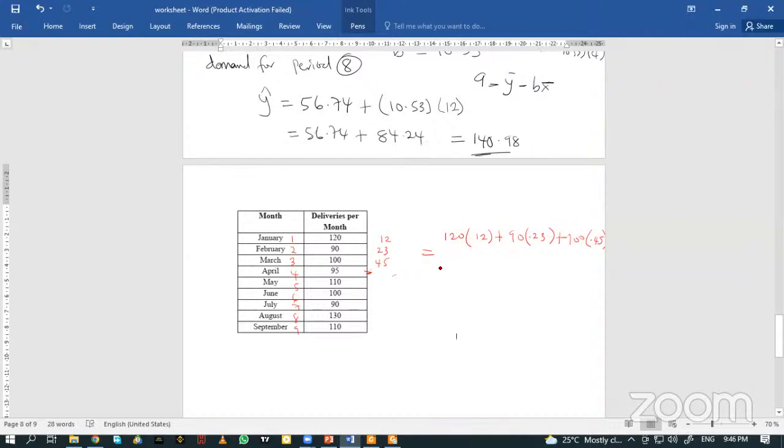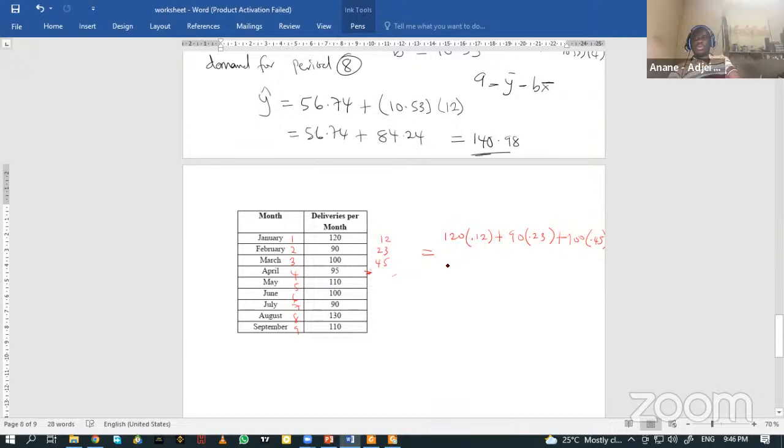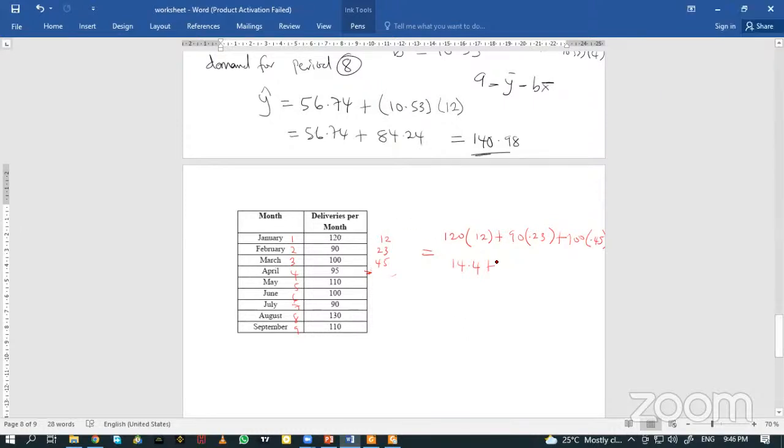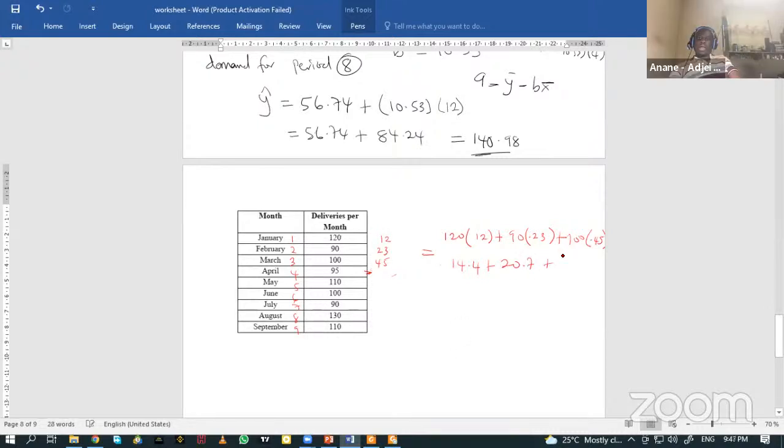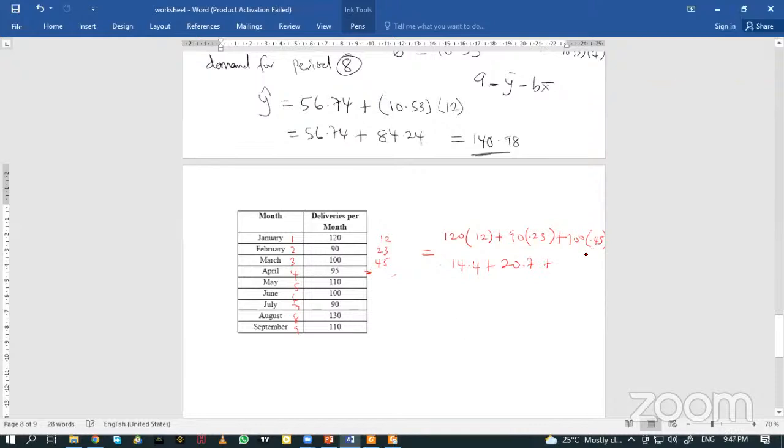Help me out. 120 multiplied by 0.12, what is the figure? 14.4. 14.4 plus 90 multiplied by 0.23: 20.7. 20.7 plus 100 multiplied by 0.45: 45.